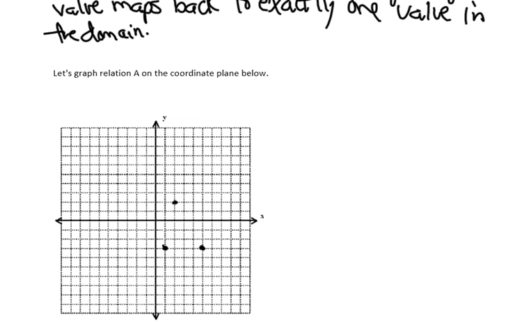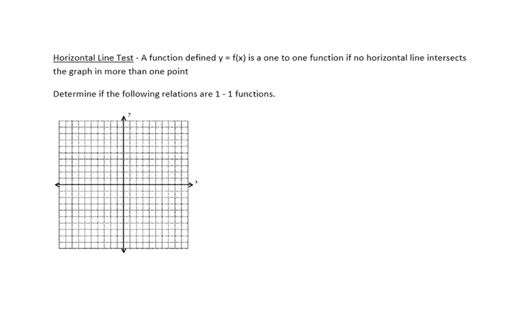So what type of line can be drawn in between them? Well, a horizontal line. So notice the horizontal line is touching this relation or this picture more than once. What is that telling me? It's not a one-to-one function. So this is what is called the horizontal line test.